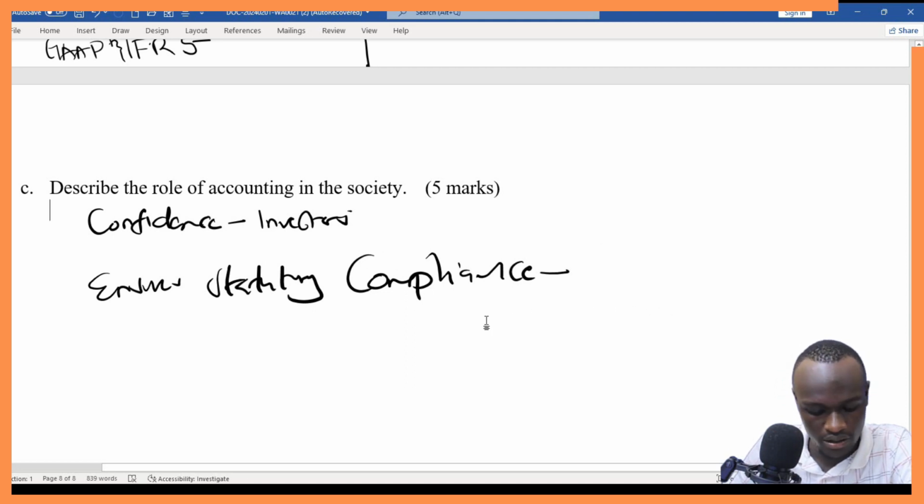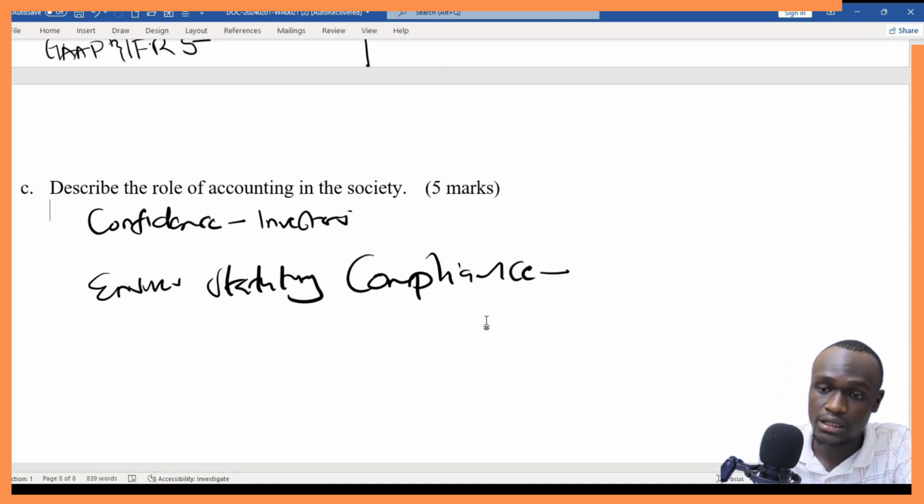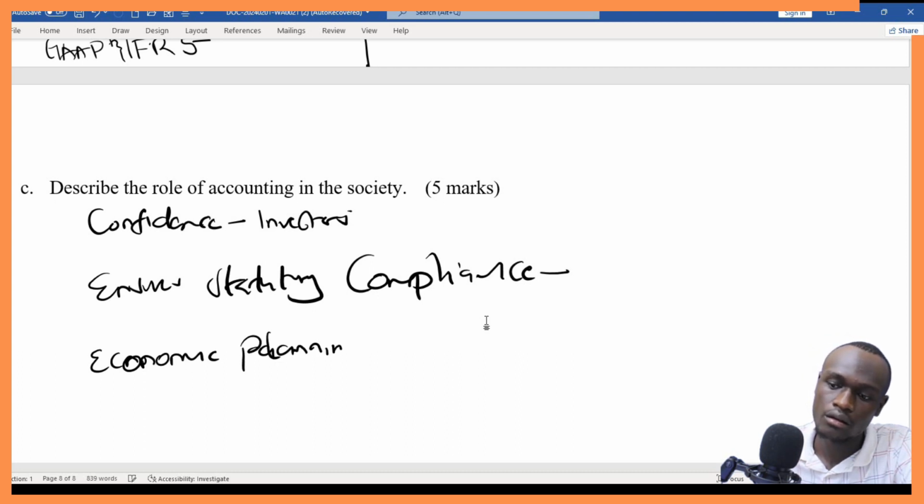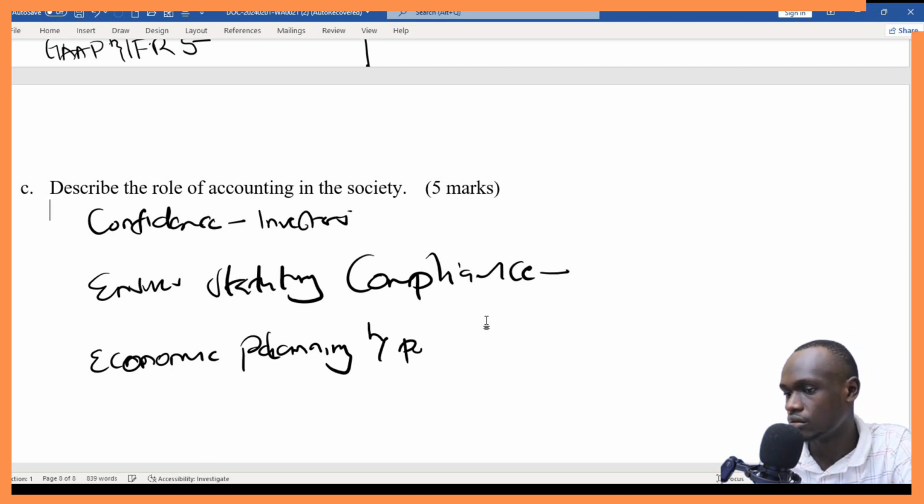Another role of accounting is that it helps the government with economic planning and policy formulation.